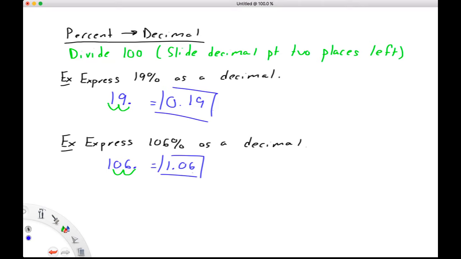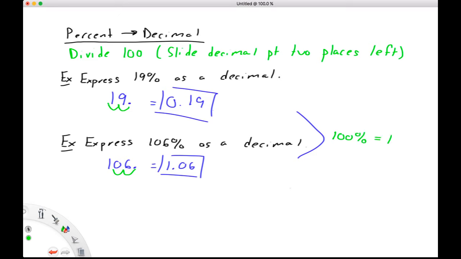Now you should notice here that these two answers look a little bit different because percents being out of 100 would revolve around 100 100ths, which is specifically 1. In other words, what I'm trying to say in a really complicated way is 100% is equal to 1.